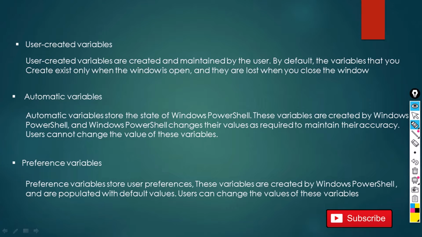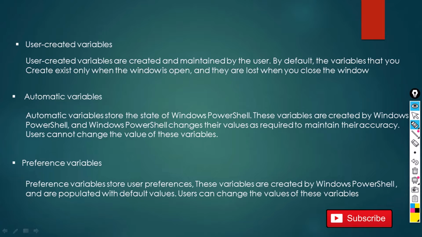User created variables are created and maintained by the user and exist only within that PowerShell session, and as soon as you close your PowerShell window, the variables are gone. Similar to aliases, whenever you create a variable, it works in that PowerShell console, in its own memory space.